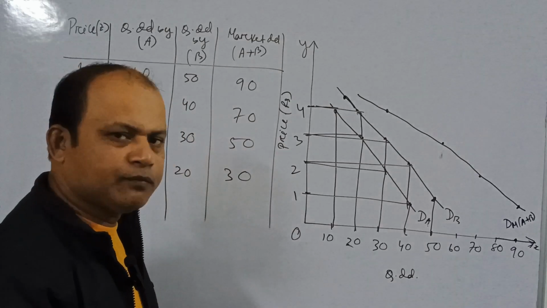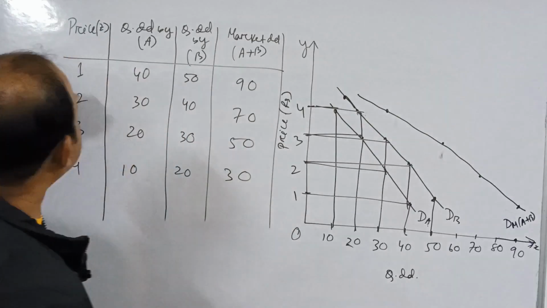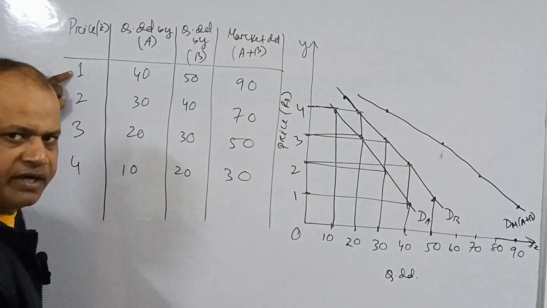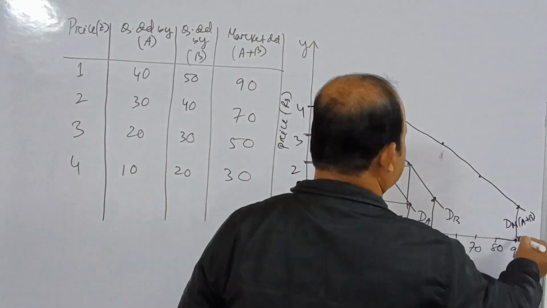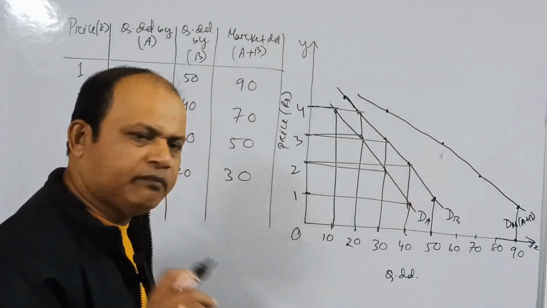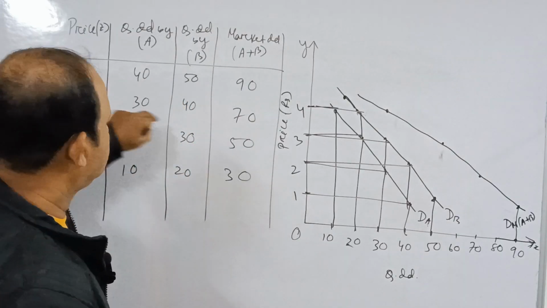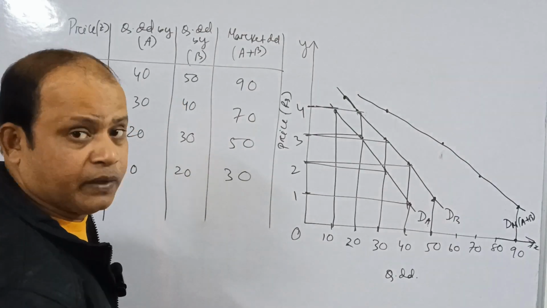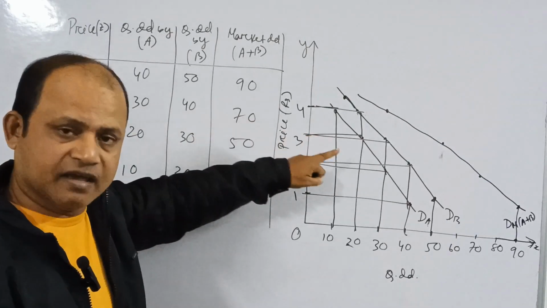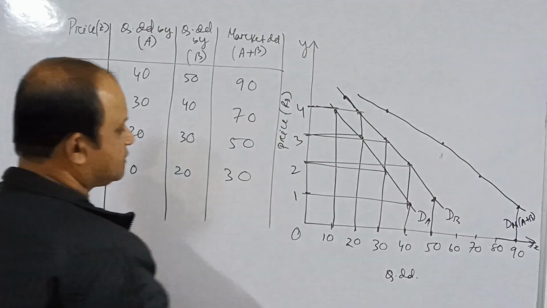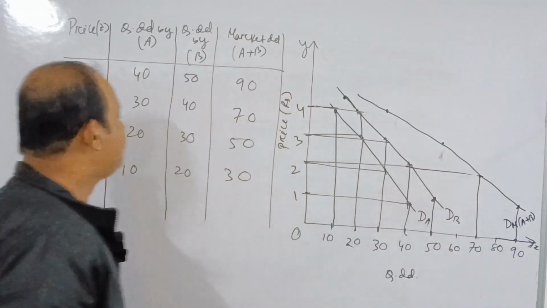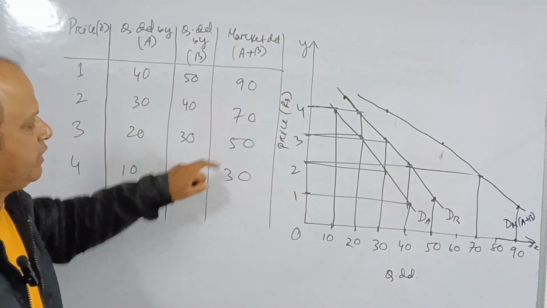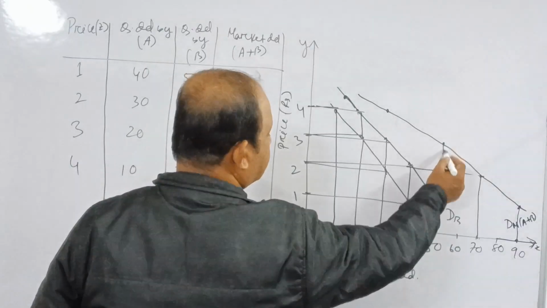Now we have to draw the market demand curve. When price is 1 per unit, market demand is 90. When price is 2 per unit, market demand is 70. When price is 3, market demand is 50.